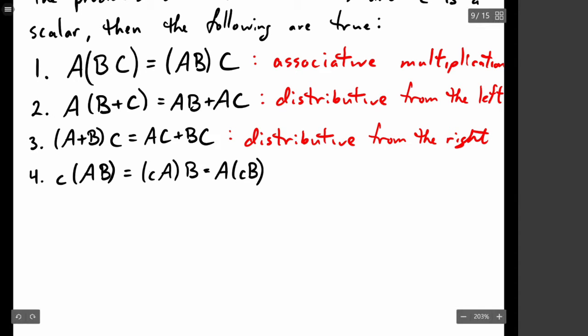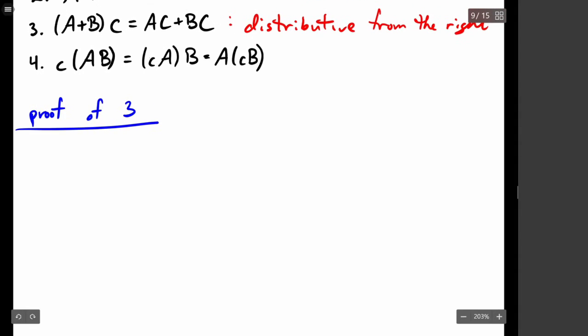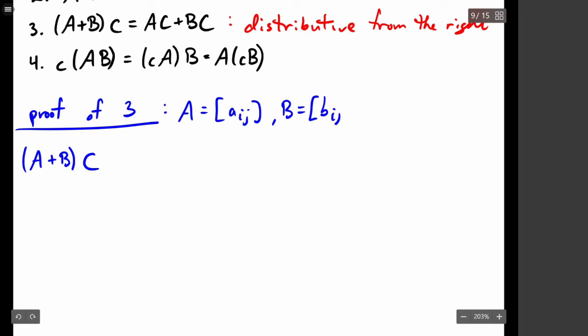Let's look at the proof of 3, let's say. So, to prove this, we want to start with the matrix A plus B times C. Remember, A is the matrix Aij, B is the matrix Bij, C is the matrix Cij.